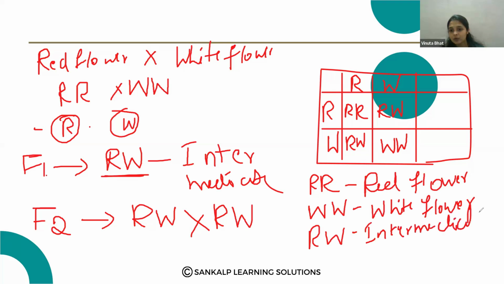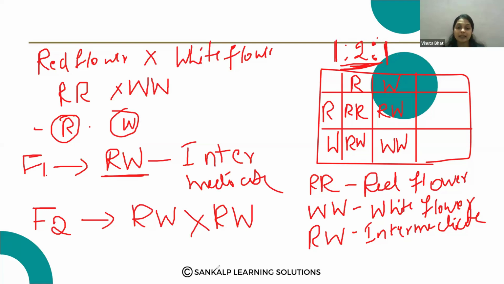Okay, so what can we write here? The ratio is 1:2:1. So 1 red color flower producing plant, 2 intermediate flower producing plants, and 1 white color flower producing plant.